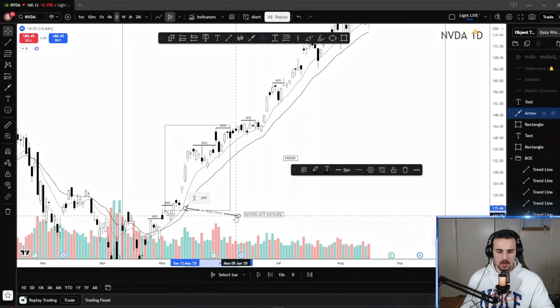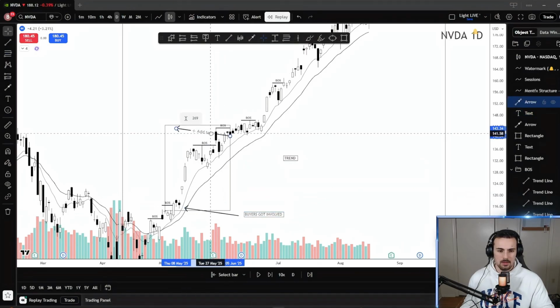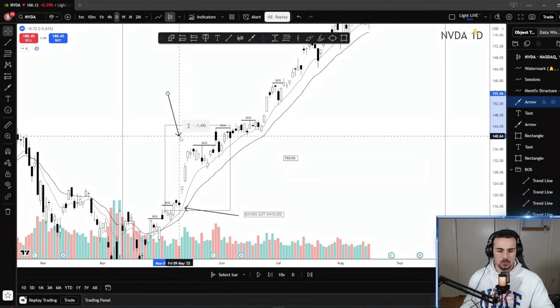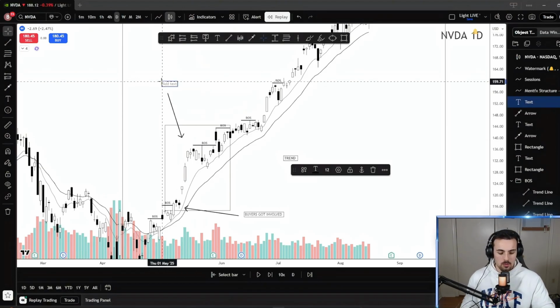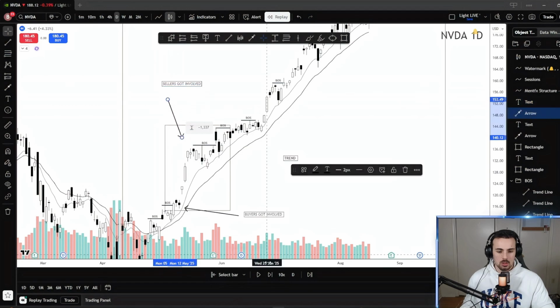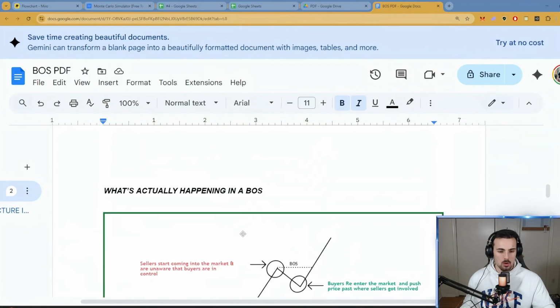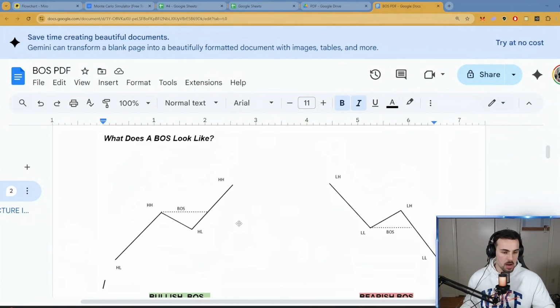And this point up here, the higher high, is where sellers got involved because they were unaware of the previous buying. So they get involved and they push this market down, in a bullish example, down to the higher low.